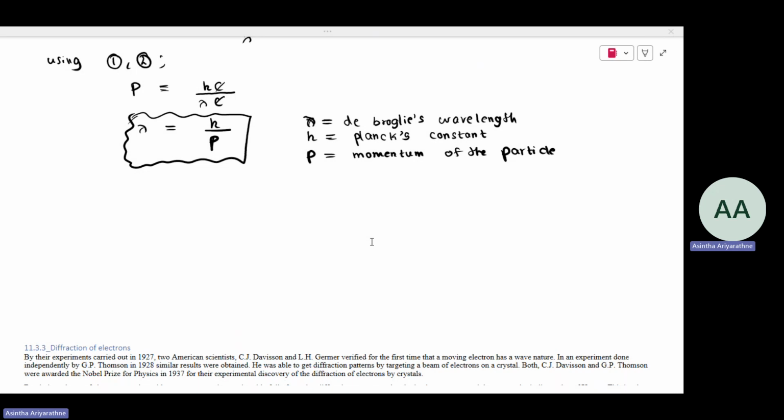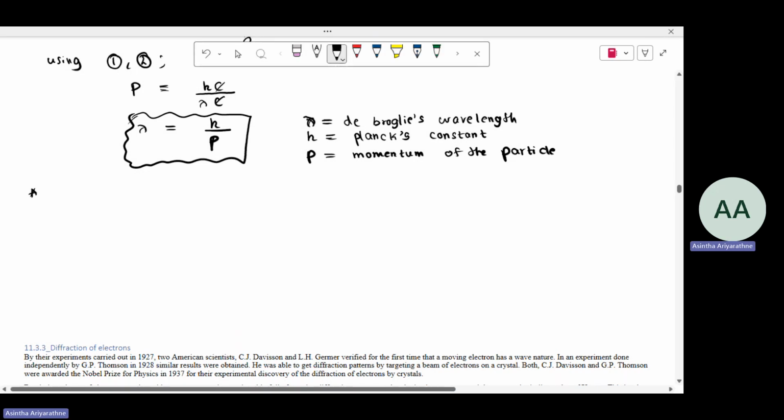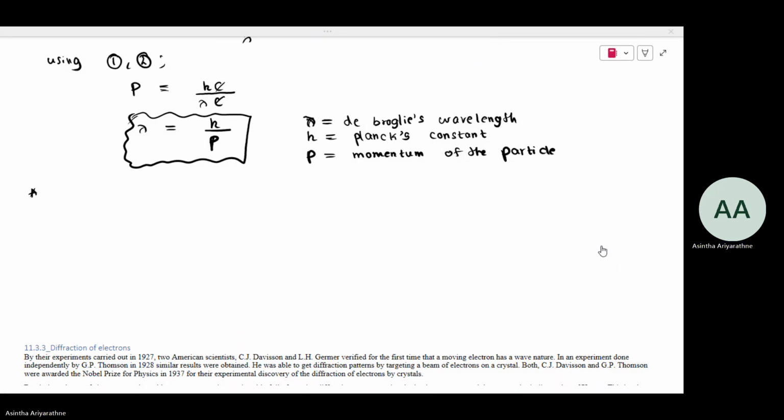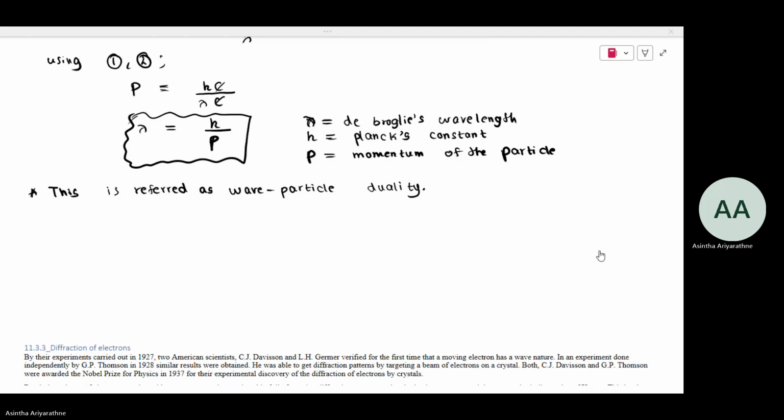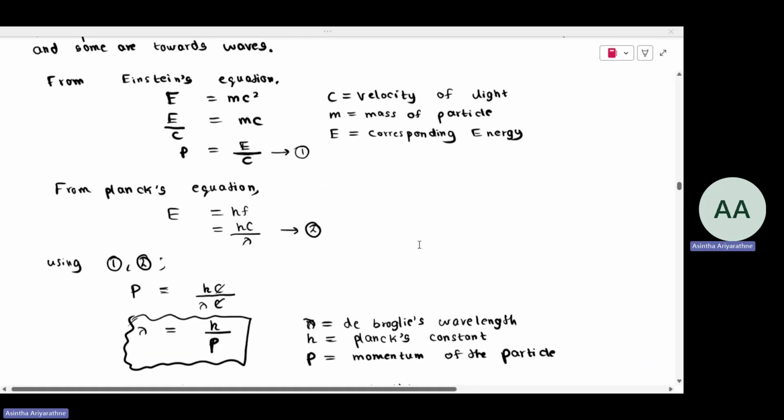So this shows this behavior of both wave and particle nature of matter, which is called wave particle duality. Right? Wave particle duality.